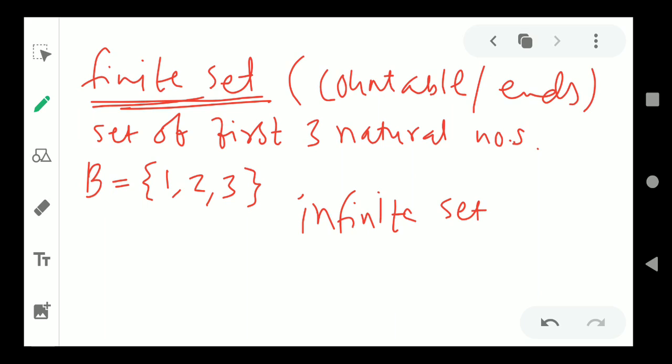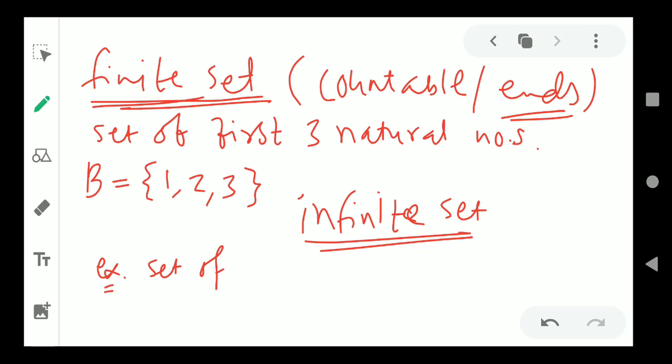Infinite set means a non-terminating or non-ending list. Example: the set of natural numbers. We know natural numbers, denoted by capital N, start from 1, but we don't know the last natural number.